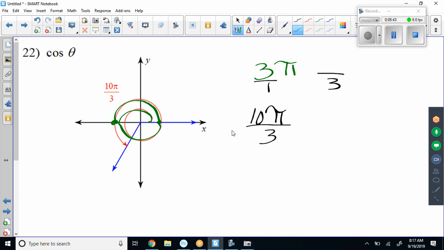Multiply top and bottom by what? And if I do that, 3 over 3 is what? 1. So I'm creating an equivalent fraction, correct? Okay. So what's 3 times 3? Okay, so I've got 9 pi over 3. Because if I reduced 9 pi over 3, guess what I would get? 3 pi, right? Any questions about that?